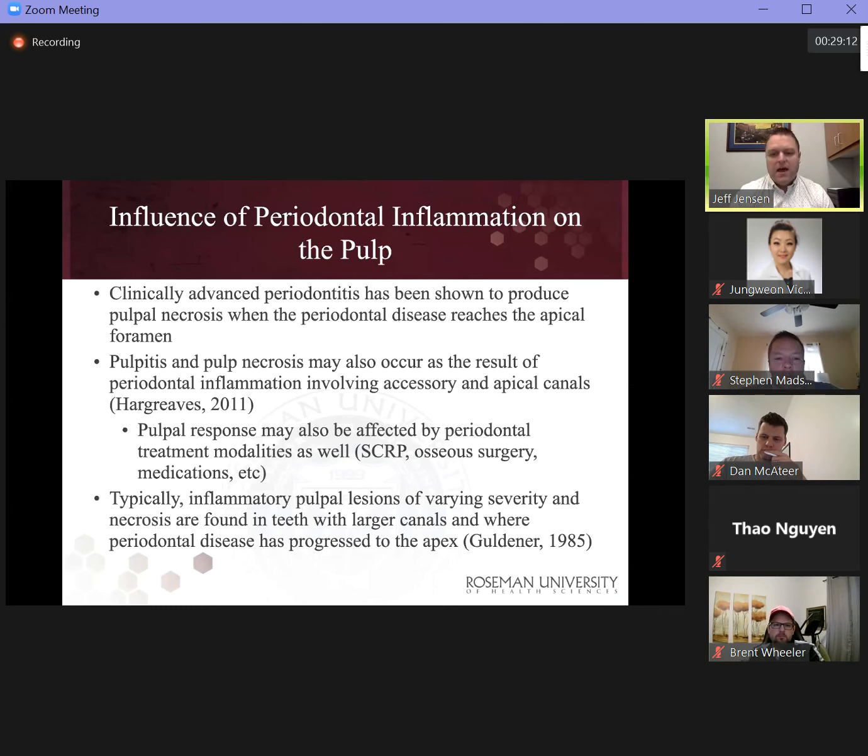At that point, the prognosis of the tooth is not very good if you've lost that much bone, and you will likely need to look at other treatment modalities than trying to save that tooth.